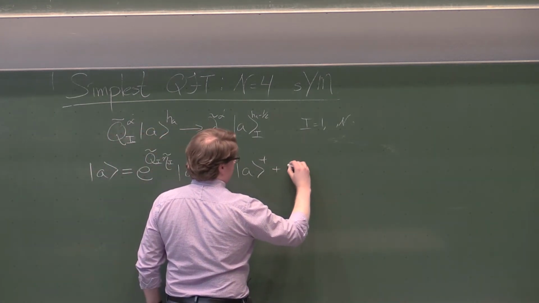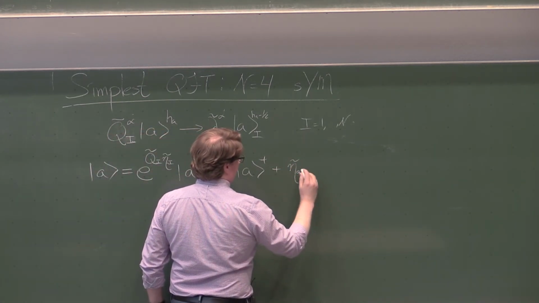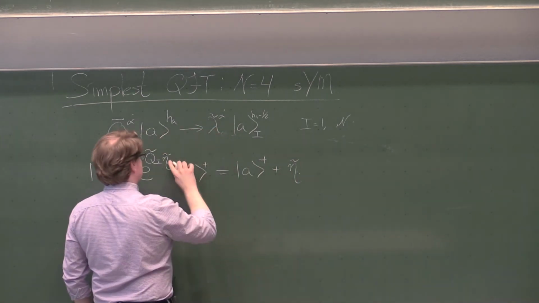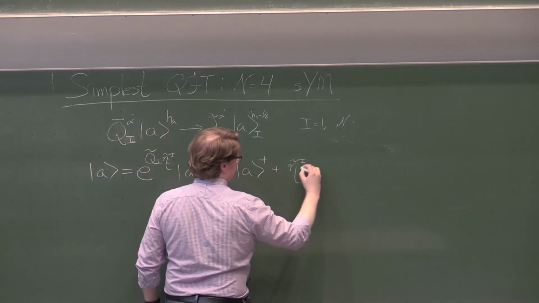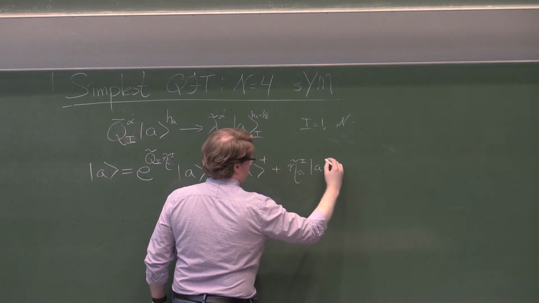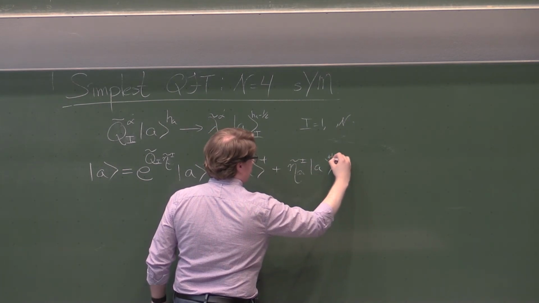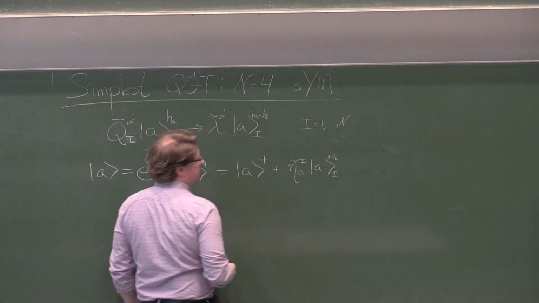You also have eta tilde, I'll put the i's up here, A. And now for plus 1/2 helicity, you have I of them.